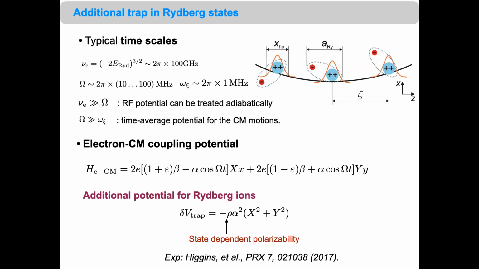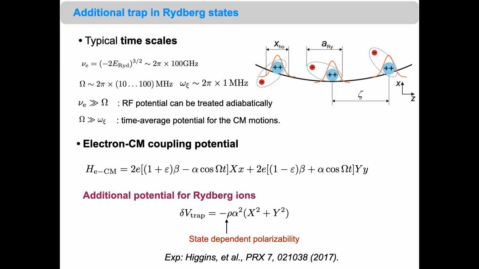The central mass motion is on the order of megahertz. So this Kepler frequency is much larger than anything, and the RF frequency is also larger than the central mass motion. So we can do adiabatic elimination or time averaging sequentially.